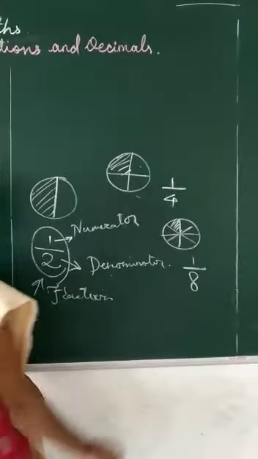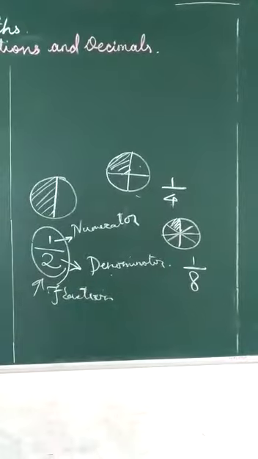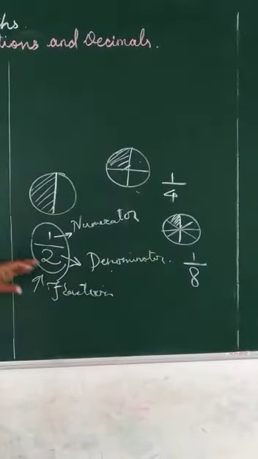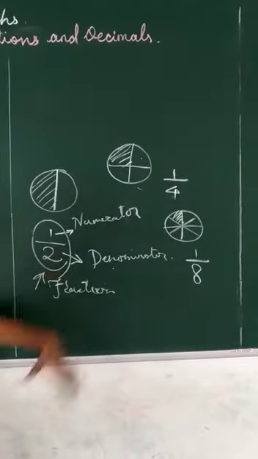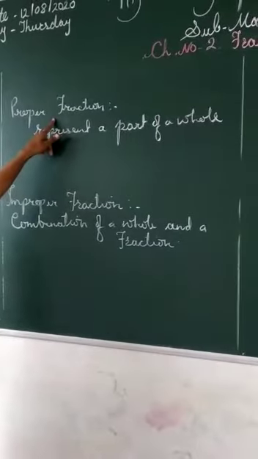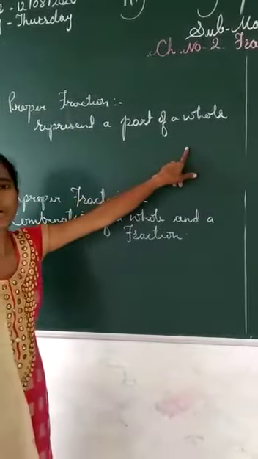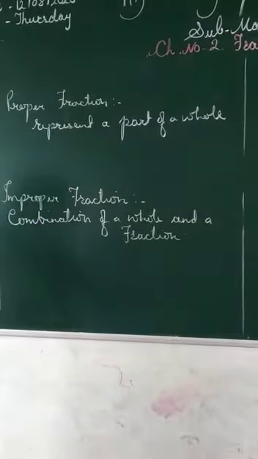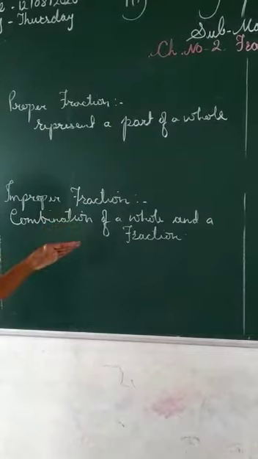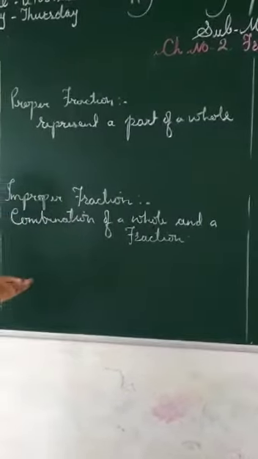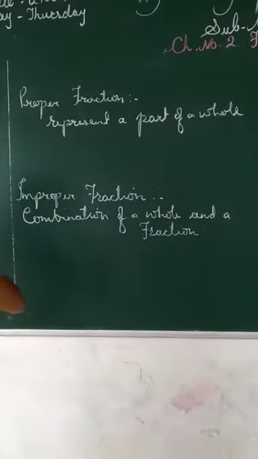Okay, so these are the fractions, and this fraction which we have selected out of the one whole is called a proper fraction. So what is a proper fraction? It represents a part of one whole. Always remember, a proper fraction is such a fraction which is selected out of one whole.